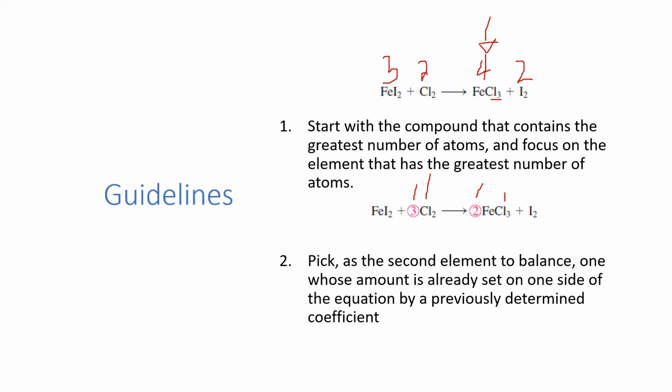Now, para dun sa second element naman natin, the one whose amount is already set on one side of the equation by a previously determined coefficient. So, sino daw yung naapektuhan nung pag-balance natin sa una? Ang naapektuhan dyan is yung iron natin. Since naglagay tayo ng coefficient na 2 dito, hindi lang naman si chlorine yung naapektuhan ng 2, pati si iron, naging 2 atoms din siya.